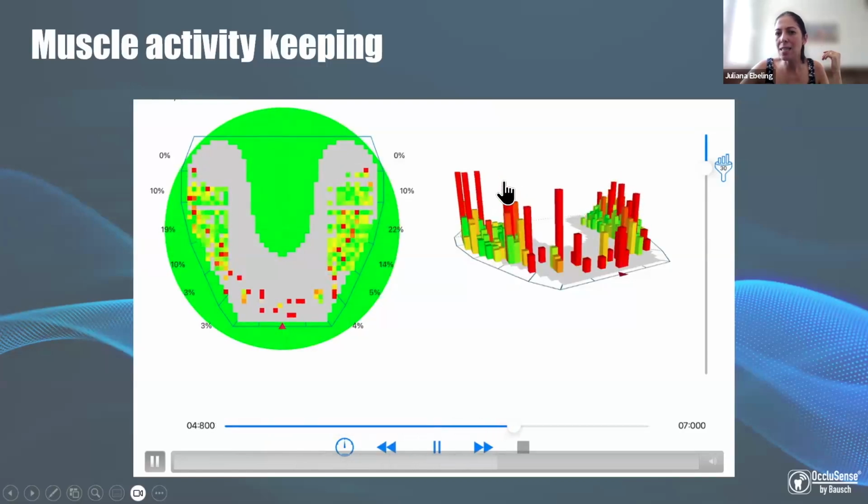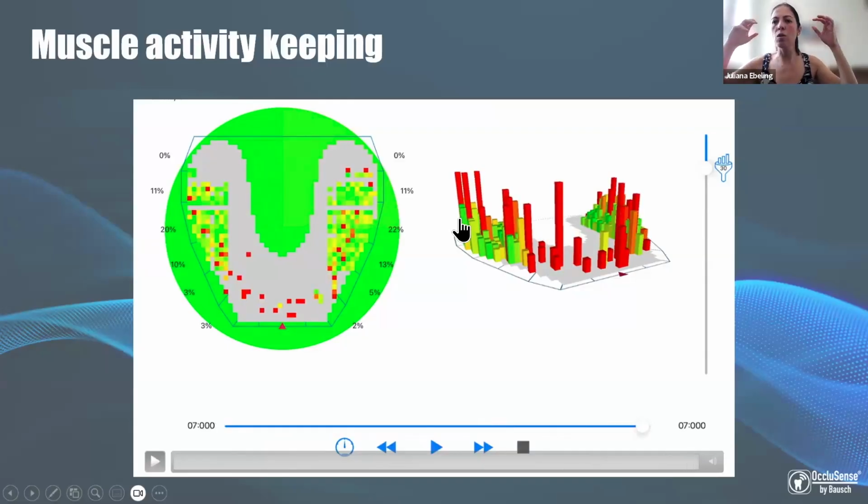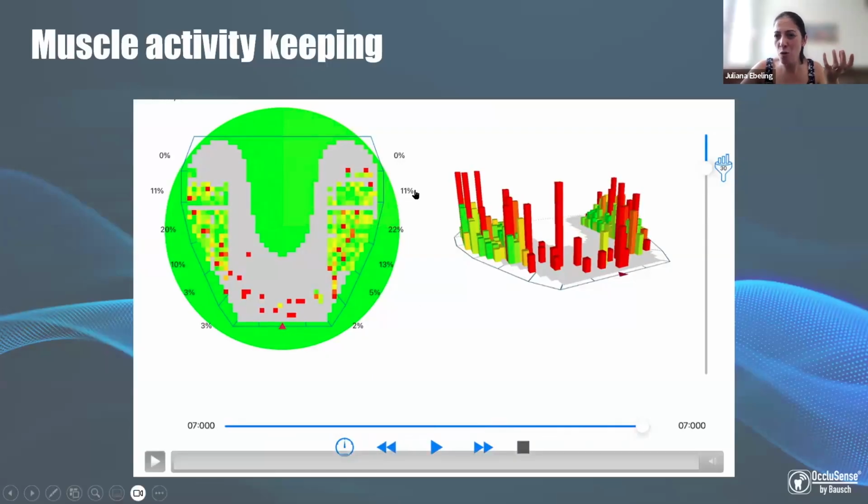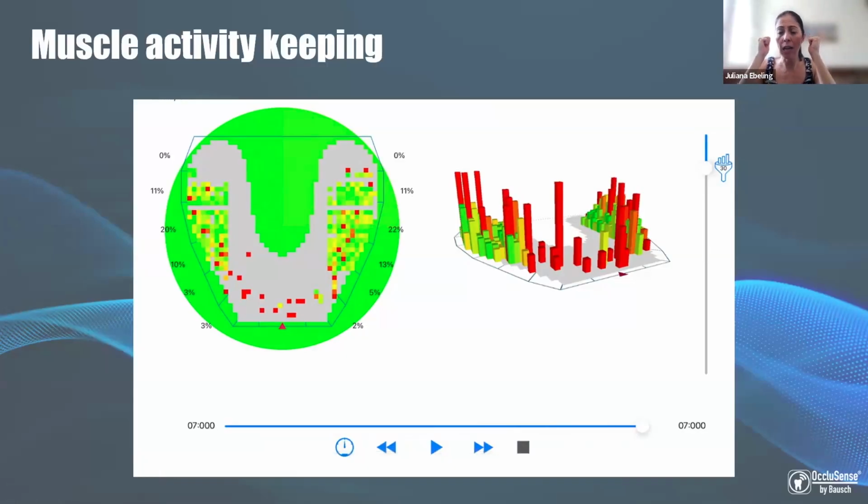The contacts are the same, but the patient is not able to keep all this contact at the same intensity. Is this a failure of the device? No, this is the muscle activity that is not able to keep this contraction for a long time.